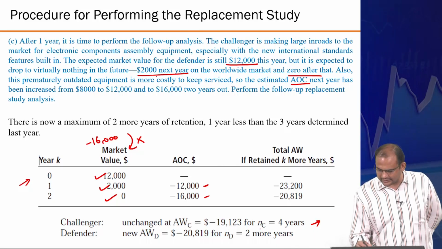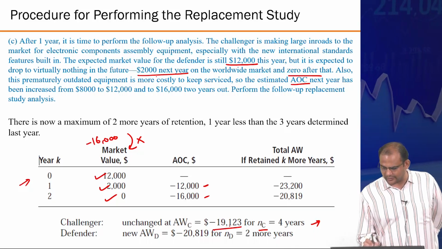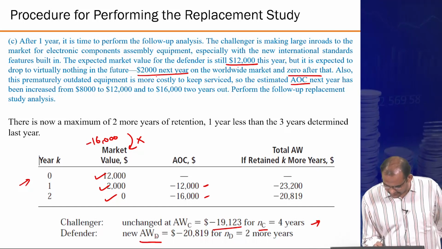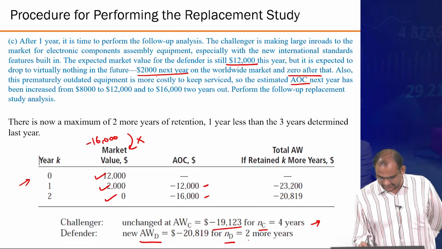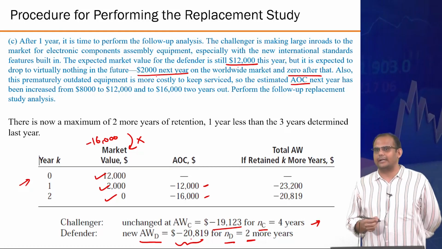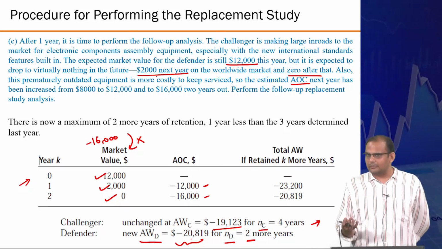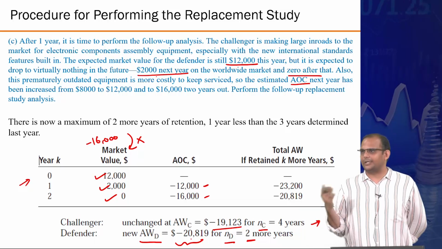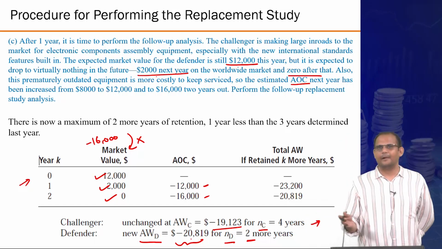So AWC, the NC is still 4 years and the AWC for that is 19,123. In this case, when you do the AWD calculation, ND will come out to be 2 years and this will be 20,819. So now, definitely it does not make sense for you to retain the Defender. You need to replace it with the Challenger, right?